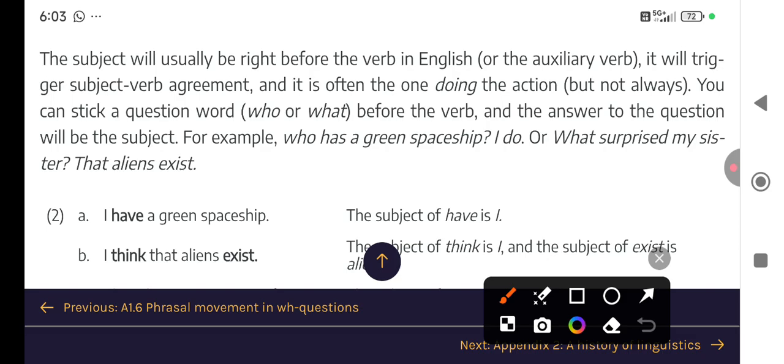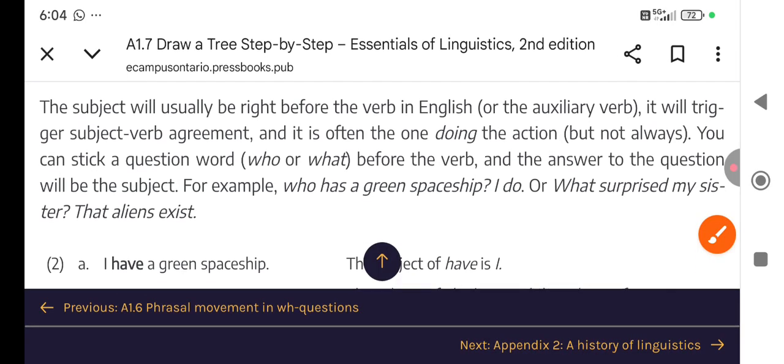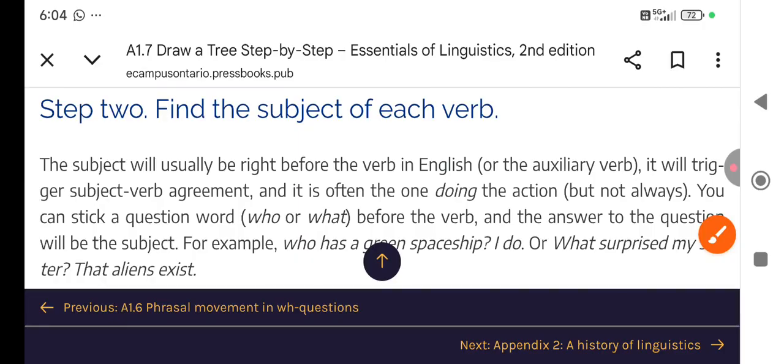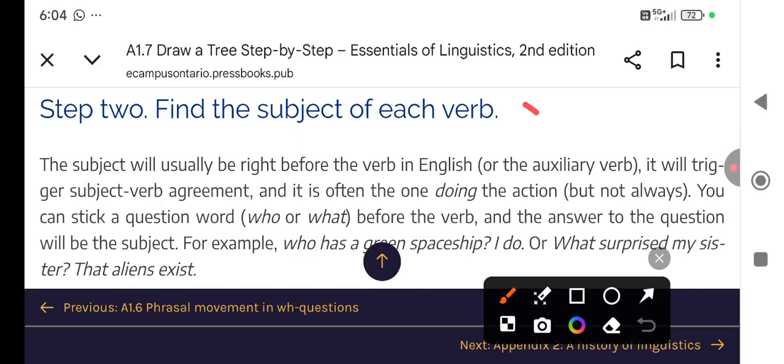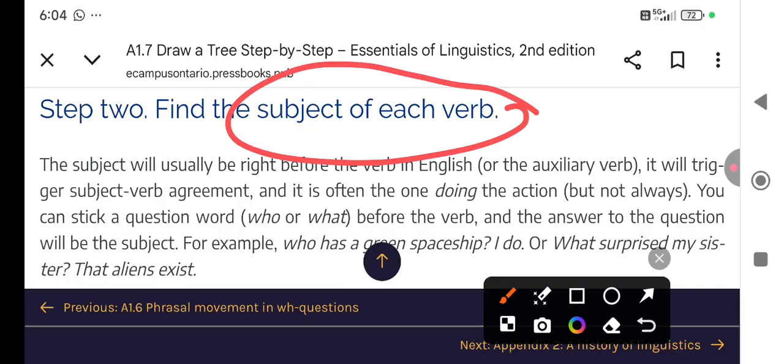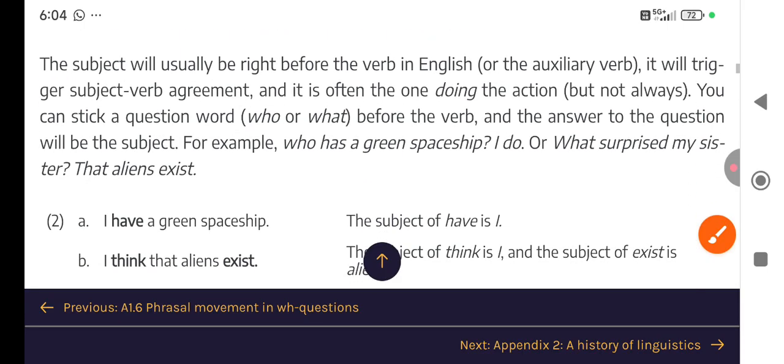For example, who has a green spaceship? I do. Or what surprised my sister? That aliens exist. So, the second step is that you have to find out the subject of each verb. How? The subject will usually be right before the verb.